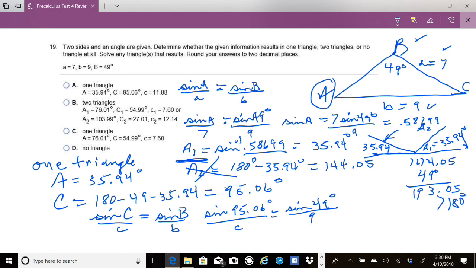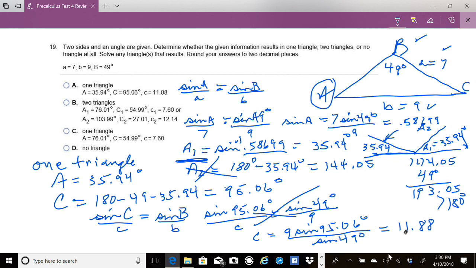And solving for C, cross multiplying, we get C equals 9 sine of 95.06 degrees divided by sine of 49 degrees, equals 11.88. So as we said, we've got one triangle. C is 11.88. Angle C is 95.06. And angle A is 35.94. So it's one triangle.